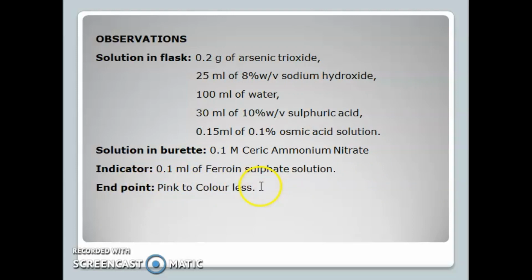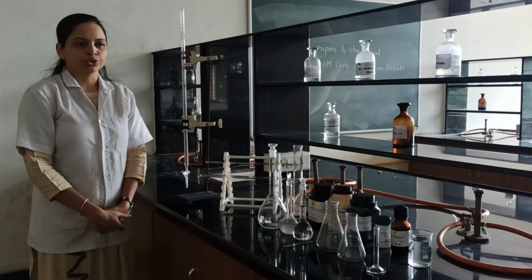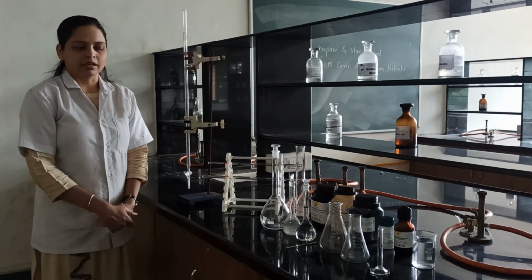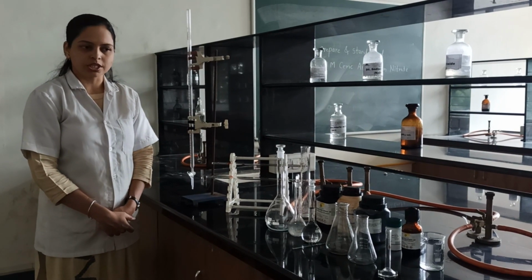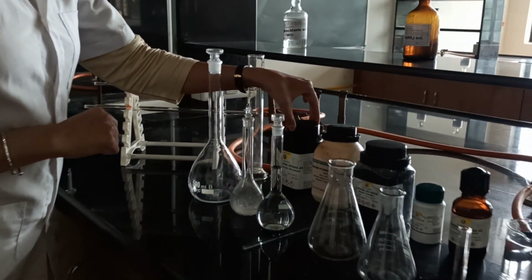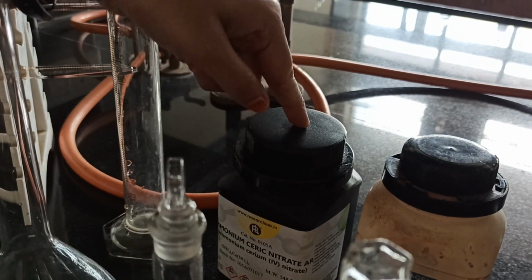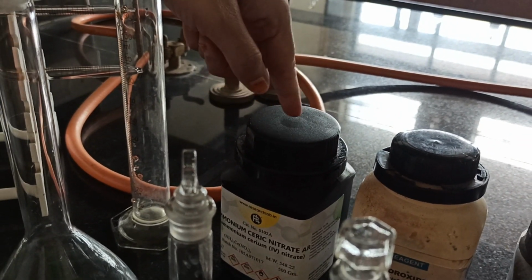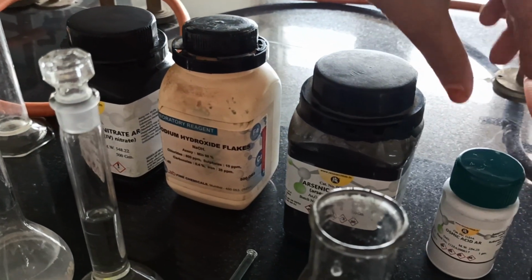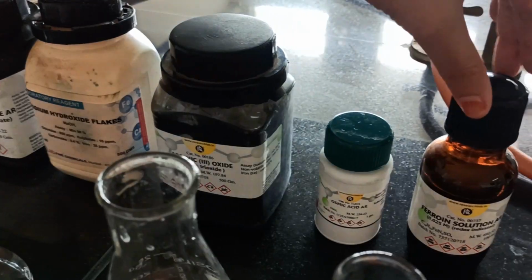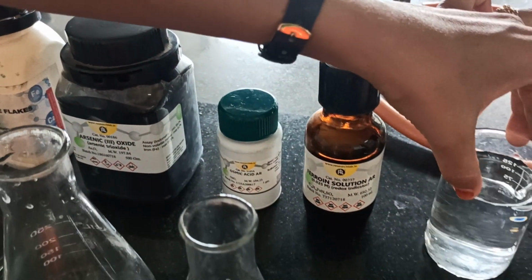Now students, we will see the actual procedure for our today's practical. Students, now we will start our practical. Before starting the actual practical, we will see the chemicals and glassware required. First, we will require ammonium ferric nitrate, that is nothing but ferric ammonium nitrate, then sodium hydroxide pellets, arsenic trioxide, osmic acid, ferroin sulfate, and distilled water.